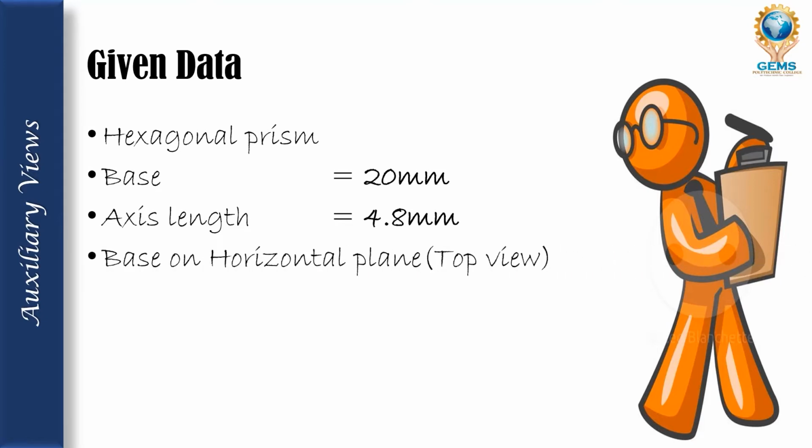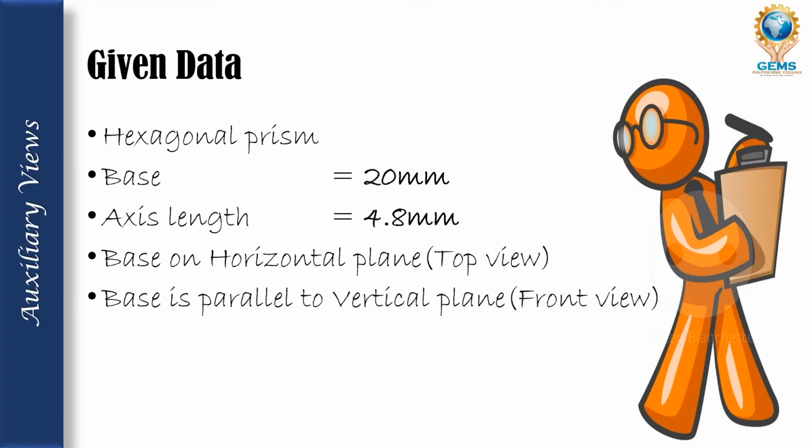Third one is base on horizontal plane. Top view means the hexagonal base is on the horizontal plane, so I have to start drawing the hexagon from the top view.